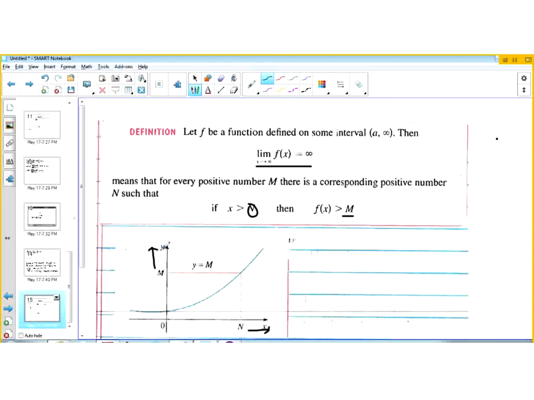We have to find a corresponding m for the given n. Right, so that's all I'm going to do with this particular one. There are more efficient techniques for proving the limit as x approaches infinity of f of x equals infinity, which we'll discover later.